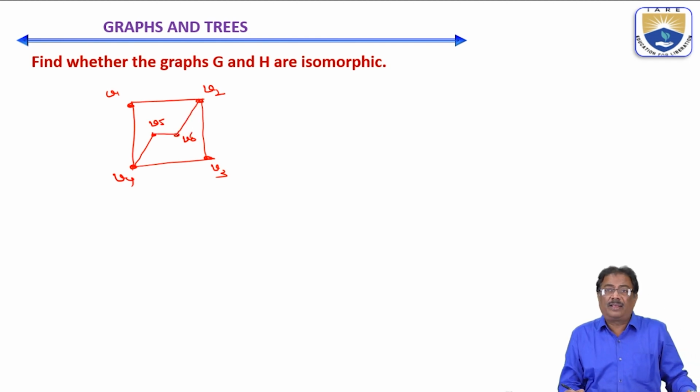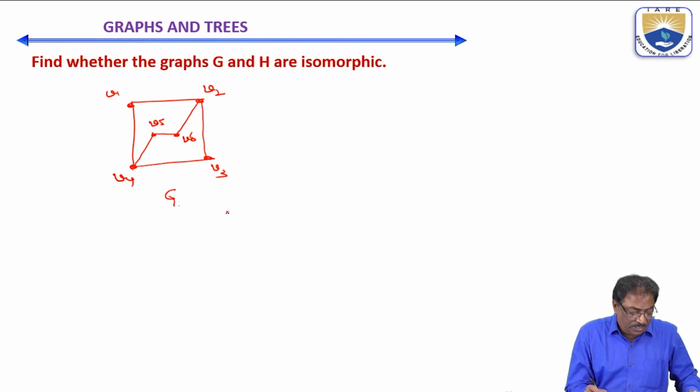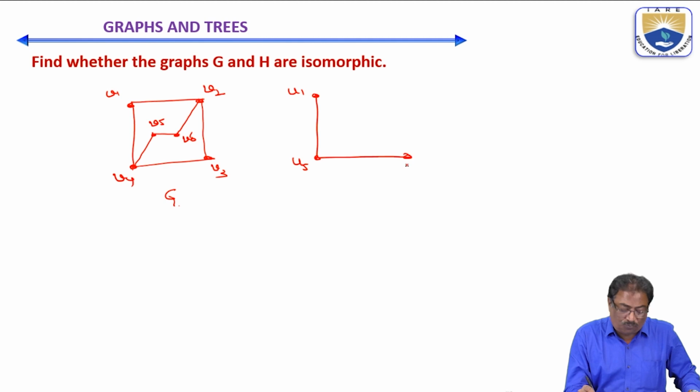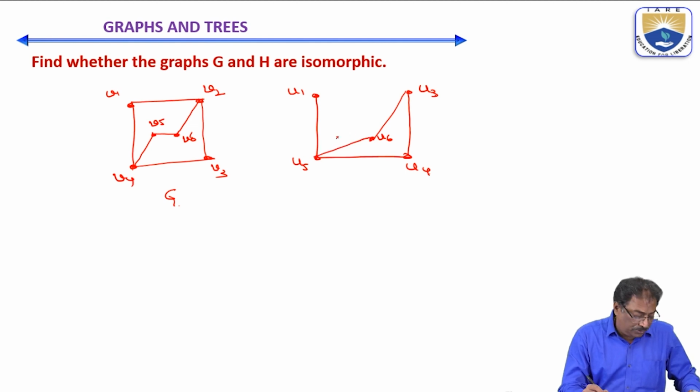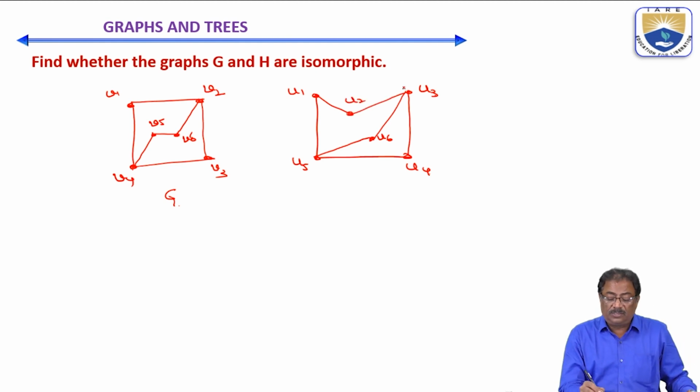So this is one graph, let us say this is G. And H, let us take it as U1, U5, then U4, then U3, then U6, and then U5 to U6, and U1 to U2, and U2 to U3. So this is H.